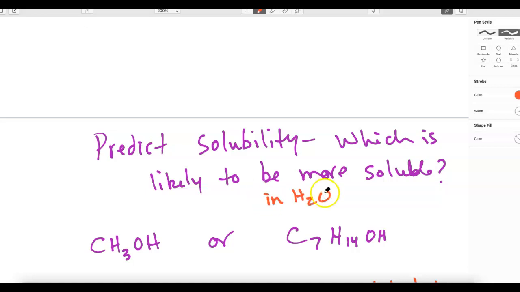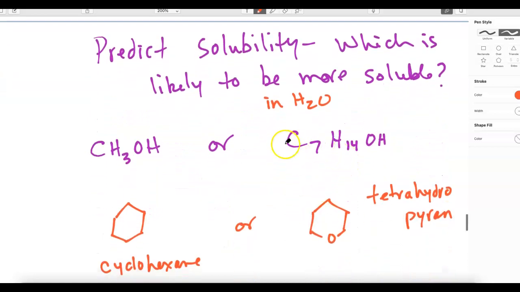And we've got the methanol or the heptanol, and they're both going to have hydrogen bonding with the water, but there's going to be a significant amount of dispersion forces within the heptanol, so it's not going to want to break apart, and so the methanol is going to be more soluble in water.